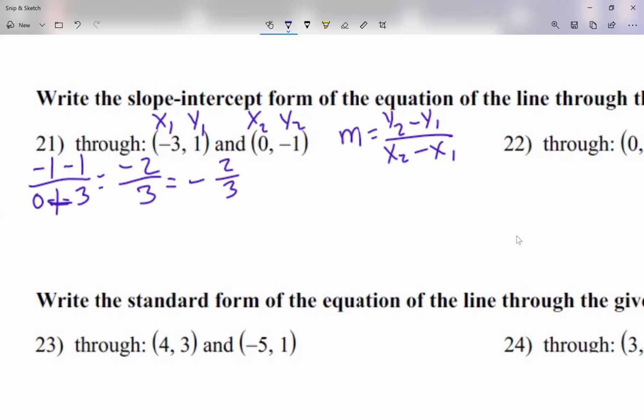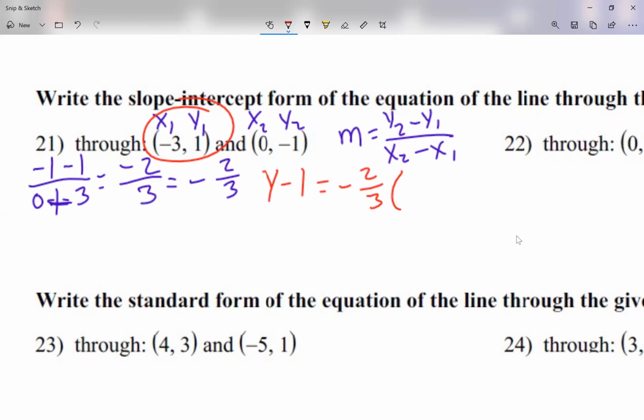What I'm going to do now, let me choose a point. It doesn't matter which one, so I'm going to choose this one. And I'm going to do what we did yesterday. Remember when we had a point and a slope? So we're going to do y minus 1, y minus the y value equals my slope, -2 over 3, and inside parentheses, let me write x minus a -3.